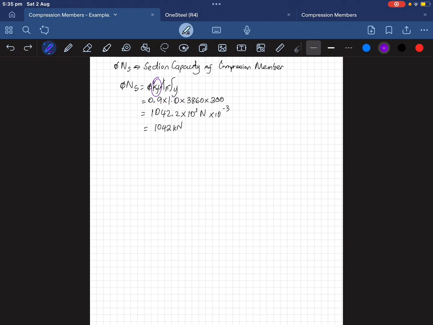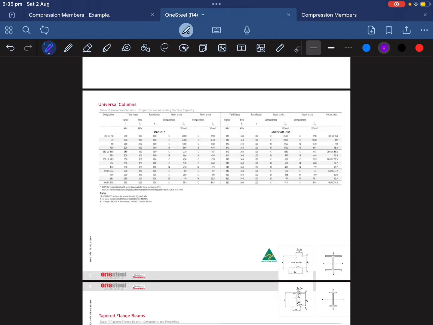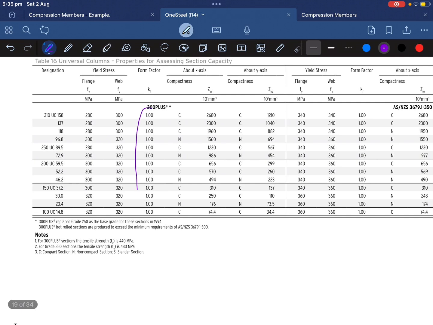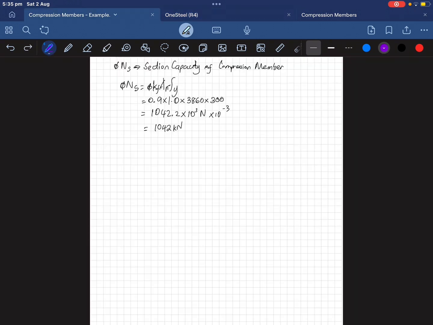Right. Okay, before I move on, I want to quickly touch on KF, which in this case equals 1. Because we're dealing with universal column sections, you're not going to have to worry about KF. That's because if you come here to the catalog, KF values for universal column sections are all equal 1, and KF is the form factor. So what is the form factor KF?